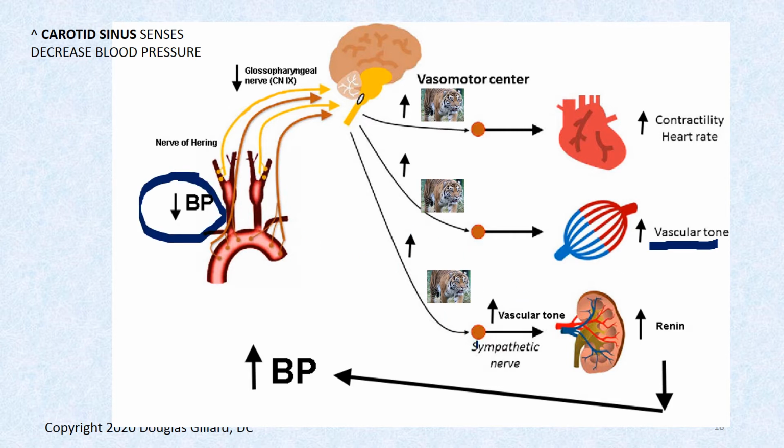Then it also goes into the kidney and it causes vasoconstriction of the afferent and efferent arterioles, which decreases blood flow to the glomerulus, and that freaks out the macula densa and it freaks out the juxtaglomerular cells to release renin. And renin goes right back and starts the whole cycle again. But all of these things end up increasing blood pressure. So that's a nice little slide there.